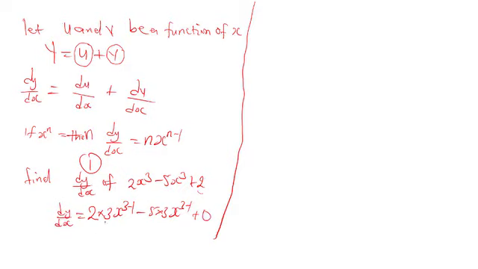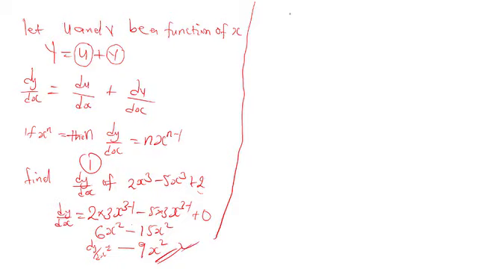So this becomes 2 times 3 is 6, and x raised to power 3 minus 1 is x squared, minus 3 times 5 is 15, then x raised to power 3 minus 1 is x squared. So 6x squared minus 15x squared will give us minus 9x squared. So dy/dx of our equation is equal to minus 9x squared.